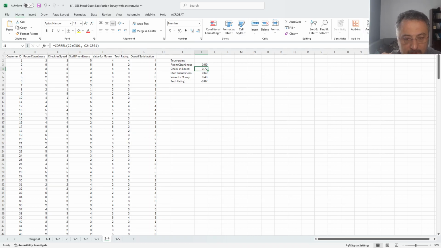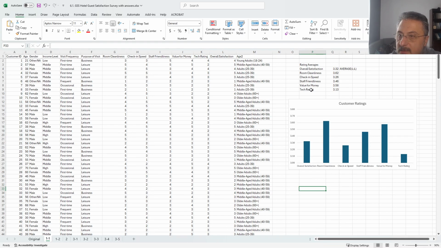The important thing is, wherever you see an issue, which is the major purpose of descriptive analytics, you need to consider, hey, what is going on here? Why is, for example, check-in speed the lowest one, or tech rating the lowest one? So you always need to think about this.